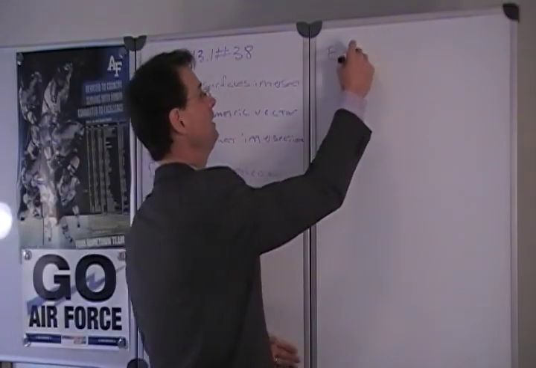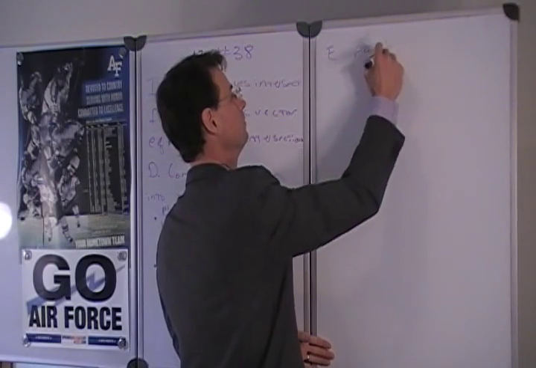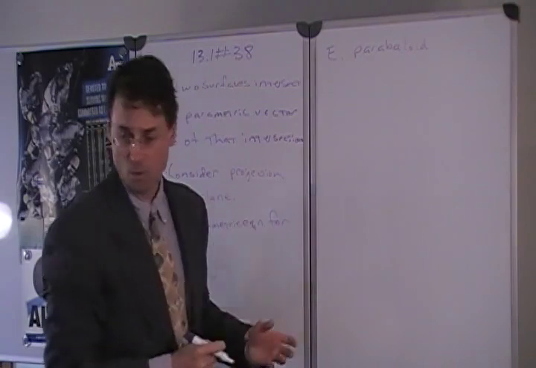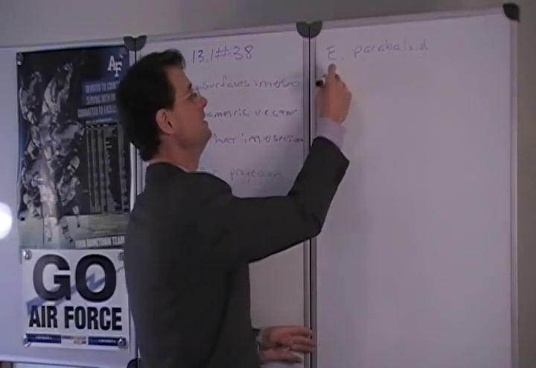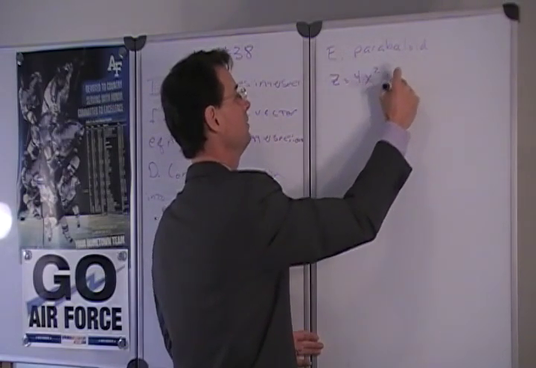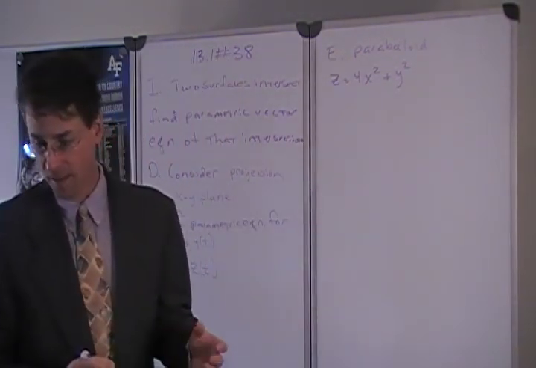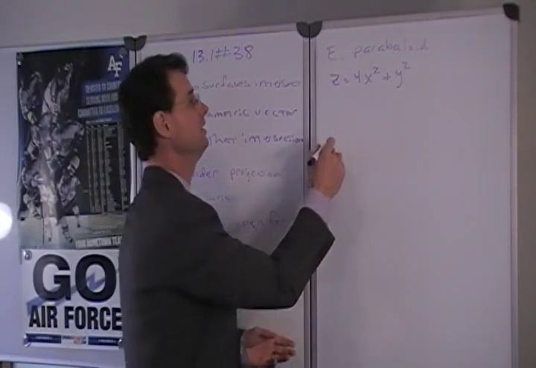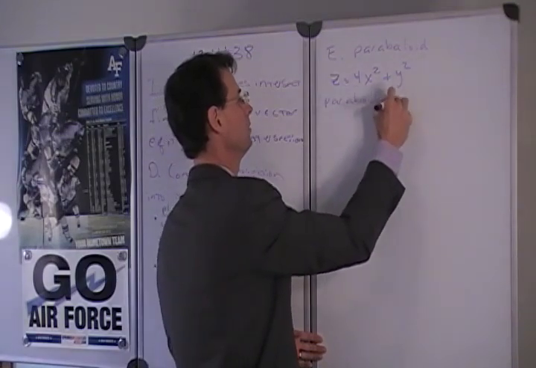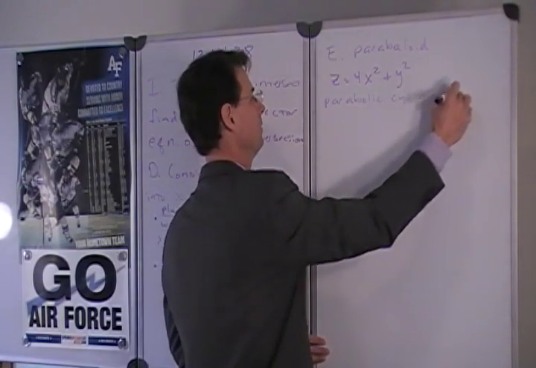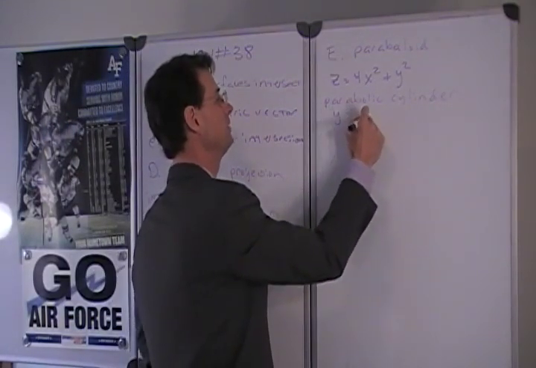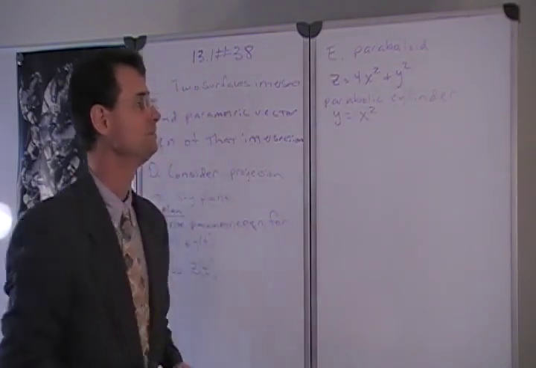We have a paraboloid, and the paraboloid is given by z is equal to 4x squared plus y squared, and the paraboloid intersects the parabolic cylinder, and the parabolic cylinder is given by y is equal to x squared.